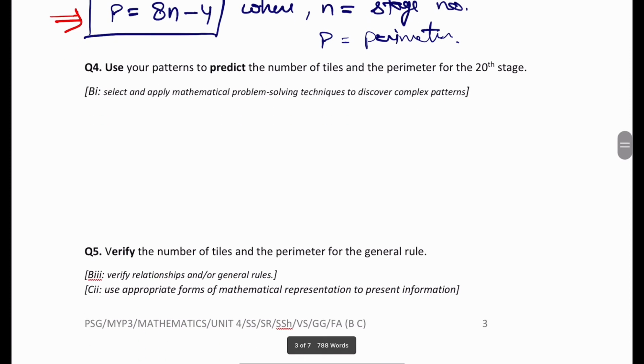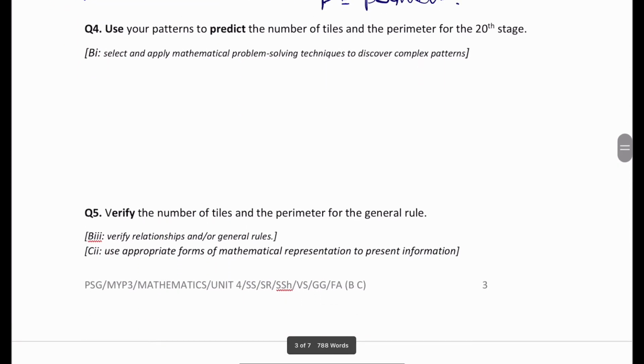Okay, now let's move towards the next problem, which is asking you to predict the number of tiles and perimeter for the 20th stage. Now, for the 20th stage, n will become 20.